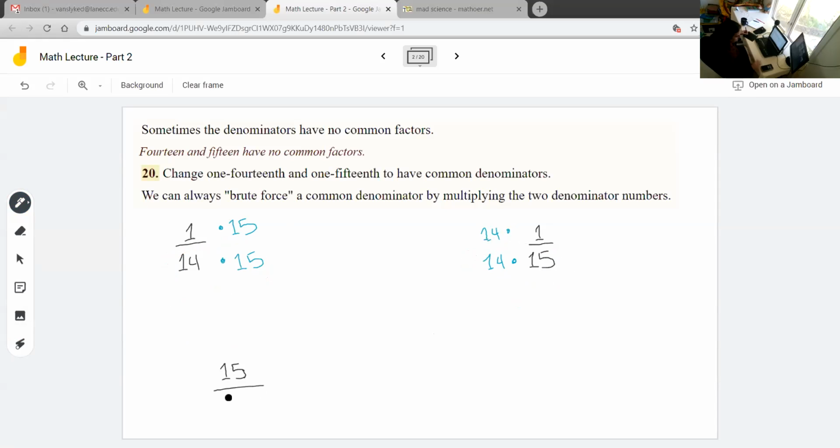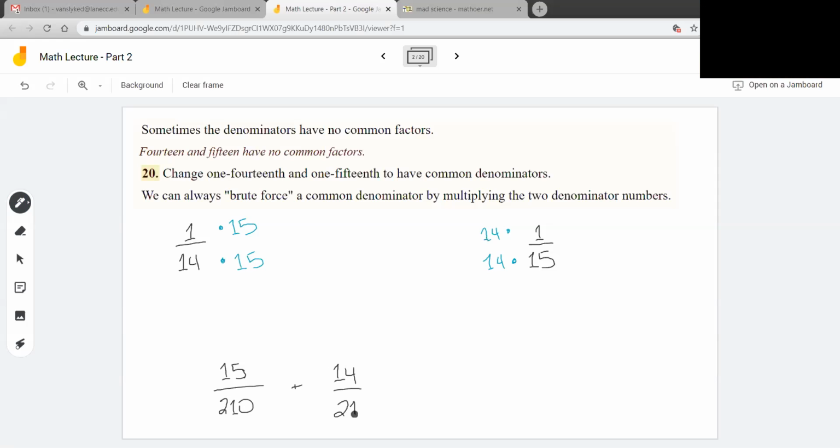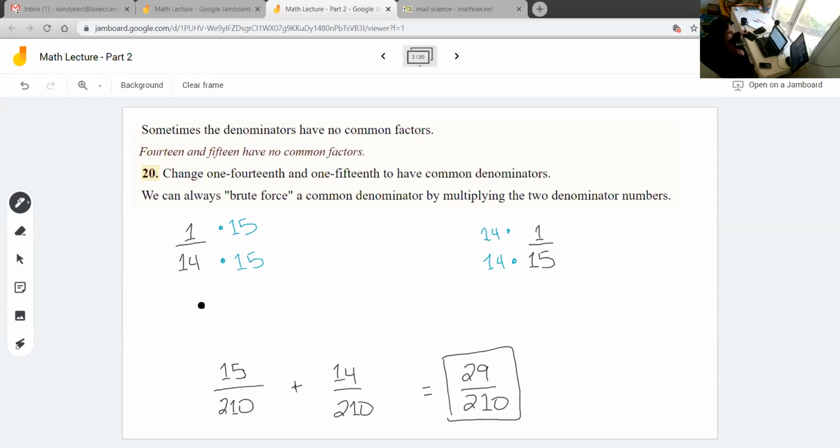So what is 14 times 15? 210. Okay, questions about this slide?